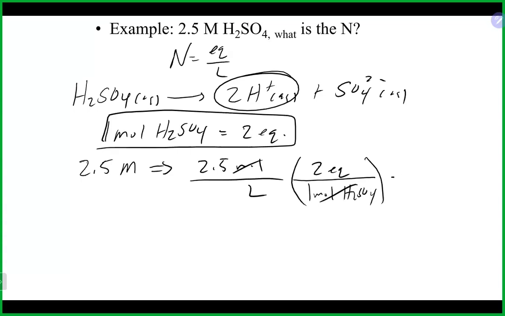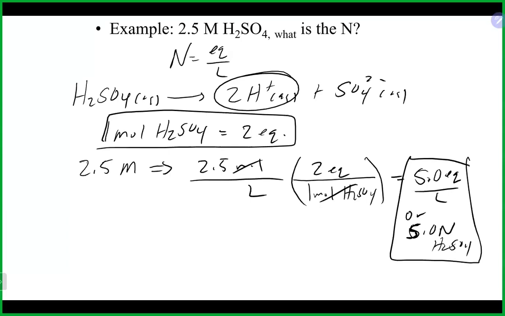Here, the molarity, which are the moles, will cancel. And that will end us with 5.0 equivalents per liter. Or you could just do 5.0 big N, kind of like what you do with molarity, of H2SO4.